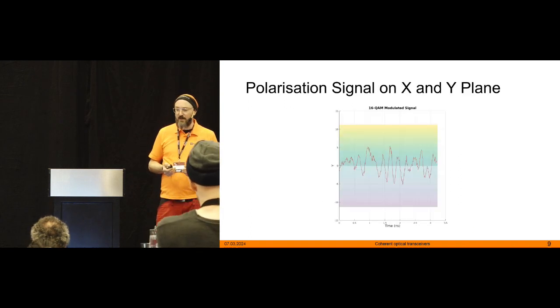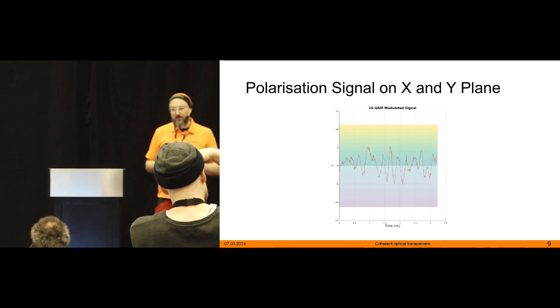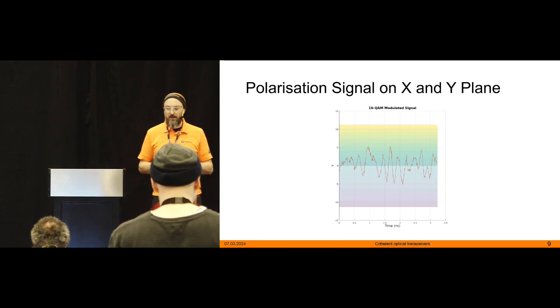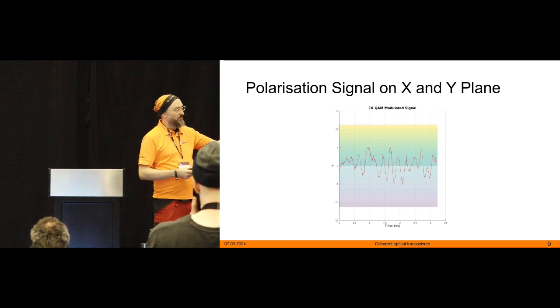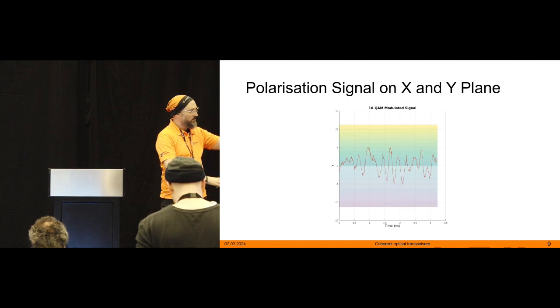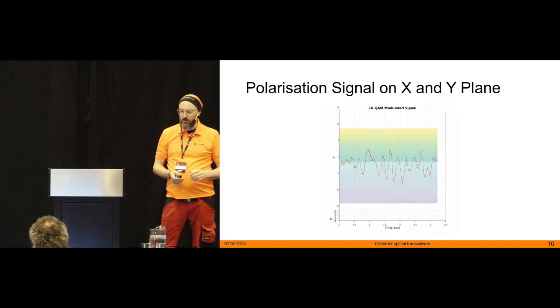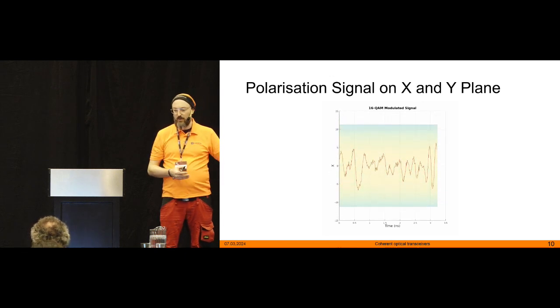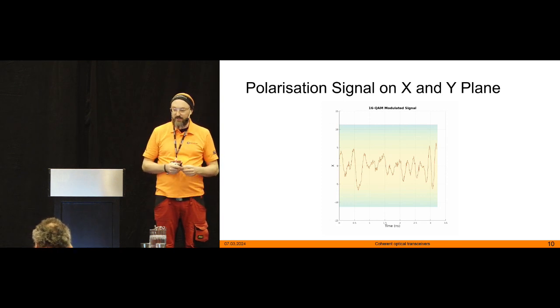To give you a better view on it, we did a small simulation. This here is a 16 QAM, to which I will come later on, signal on the Y plane. So it's one polarization direction like this. We have the Y plane and the X plane. When we run that simulation now and swap over to the X plane, that's the X plane now, also showing our frequency diagram.